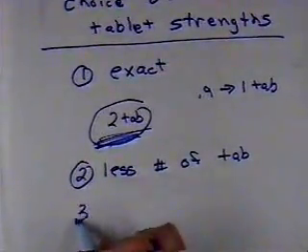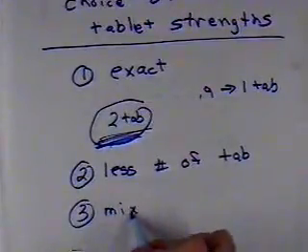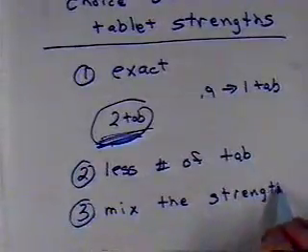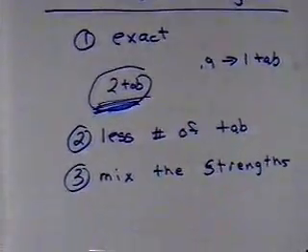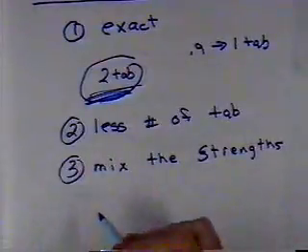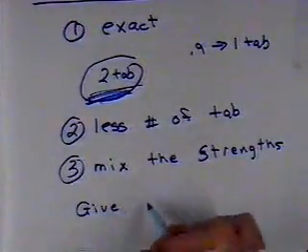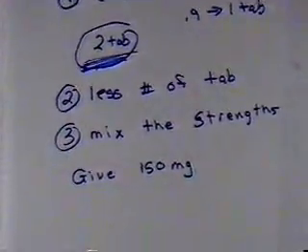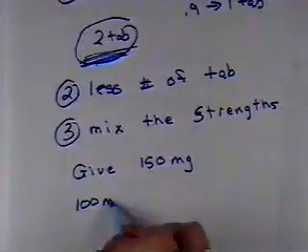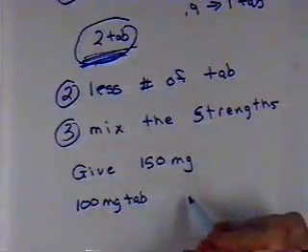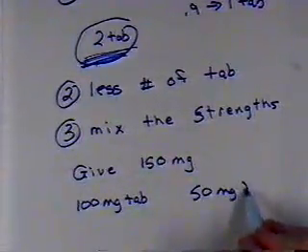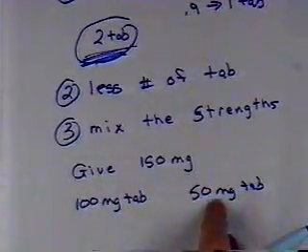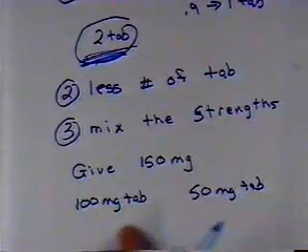Now, sometimes what we have to do is mix the strengths. If I'm supposed to give 150 milligrams, and the pharmacy says that they have 100 milligram tablets, and they have 50 milligram tablets, we could give 3 50 milligram tablets, but we could also mix it up.